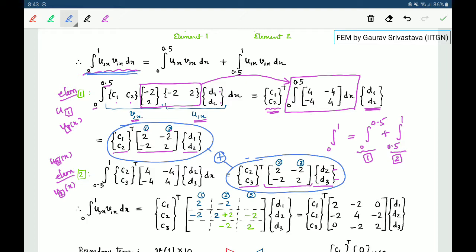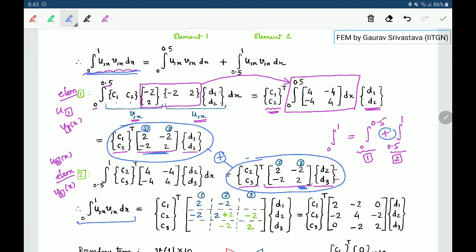And when we add this, we notice that the terms with respect to the first node appear only in this matrix, and the terms with respect to 3 appear only here, whereas the terms with respect to 2 appear in both. So because of this addition, wherever you have terms coming from more than one element, these terms need to be added up.